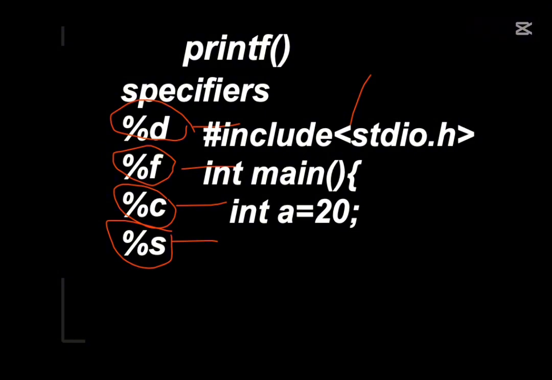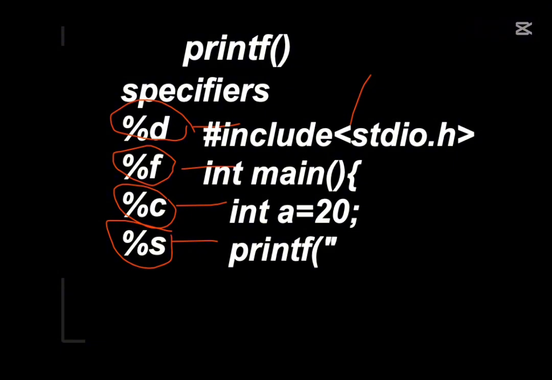Now I'm going to print, so I'm going to use the print function. We need to write our print function, so this is our print function. Once you write printf, you open the bracket, and you need to use double quotation.